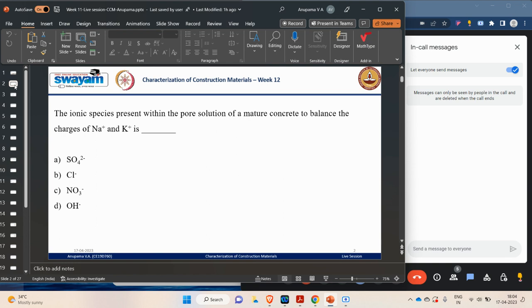Two of them are sodium plus and potassium plus, Na plus and K plus. When the positive charges are present like this, what is present in the mature concrete to balance them? Option A, sulfate, SO4 2 minus. Option B, chlorides. Option C, nitrates, NO3 minus. And option D, OH minus.